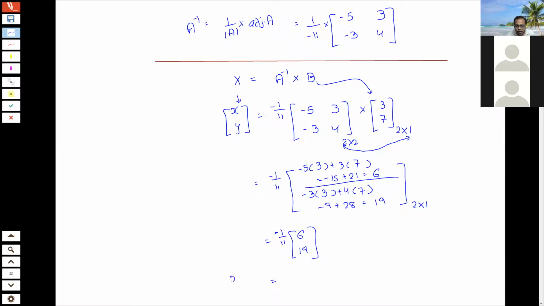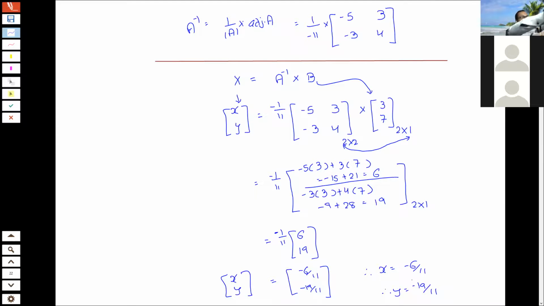So here I have x and y on the left hand side, and on the right hand side I have -6 by 11 and -19 by 11. So therefore on comparison, I can say x is -6 by 11 and y is -19 by 11.